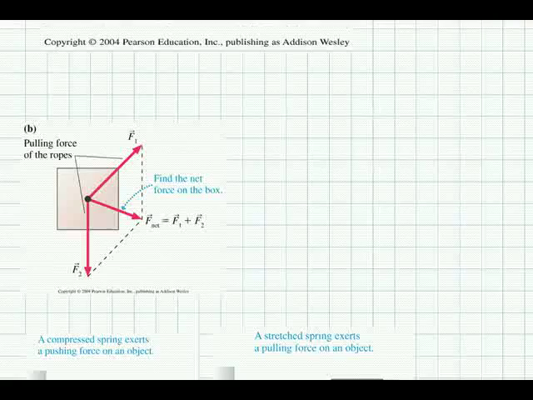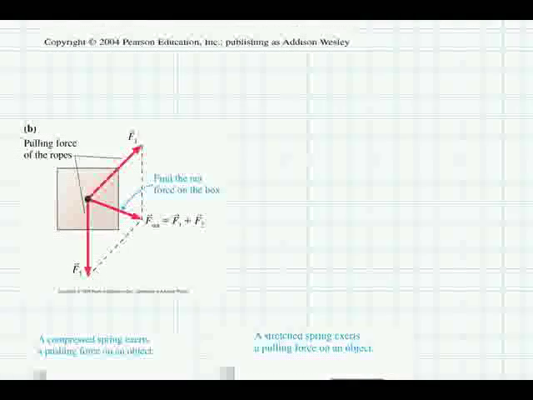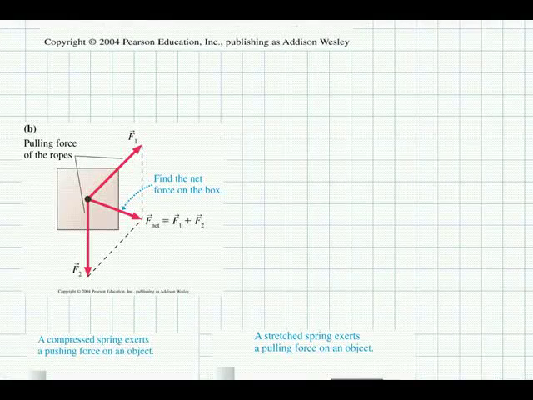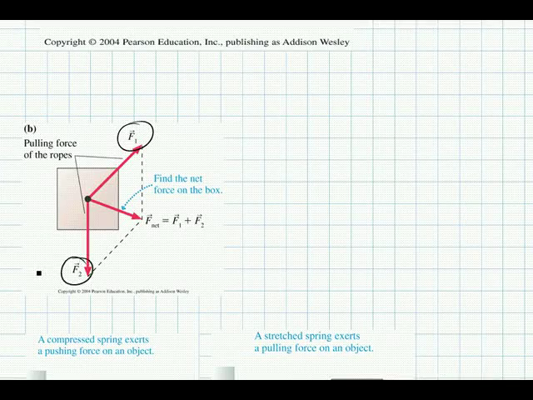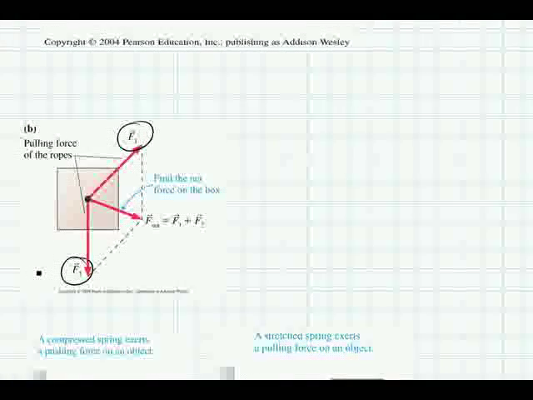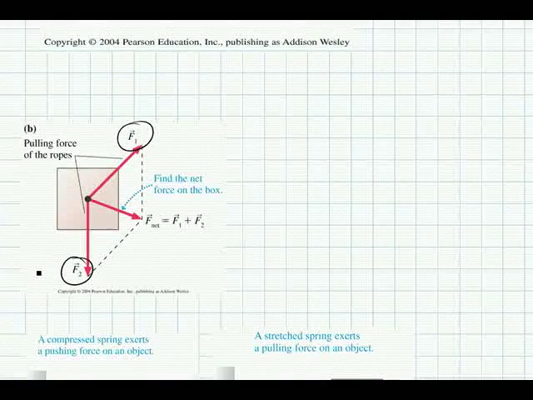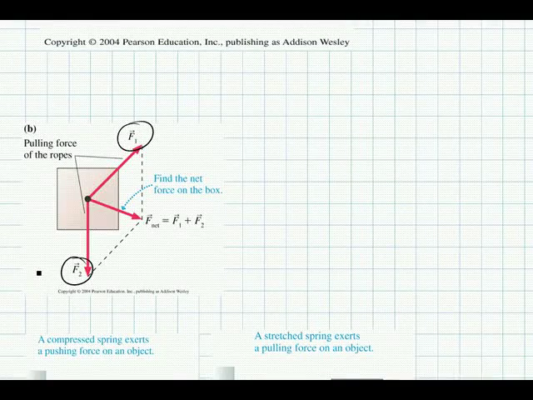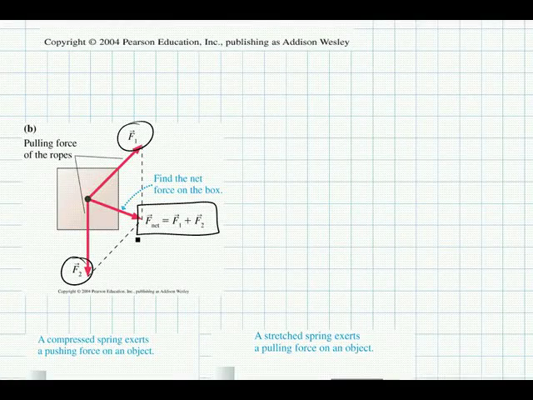Now remember that force is a vector, so if you have more than one force acting on an object, here we have F1 and F2 acting on our box, the net force is going to be a vector sum of the two forces.